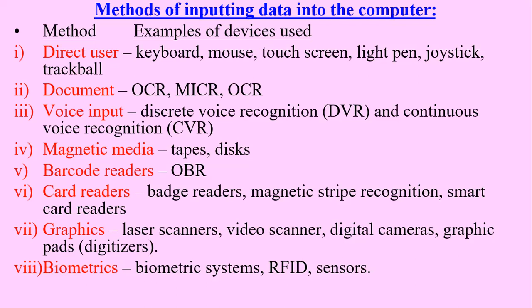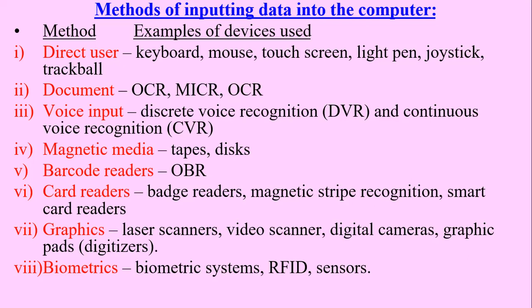Therefore, the following are the methods that you can use to input data into the computer. The first method is direct user. This includes the use of devices such as keyboard, the mouse, touch screen, light pen, joystick, trackball, amongst others that we are going to learn in this presentation. Number two, document.